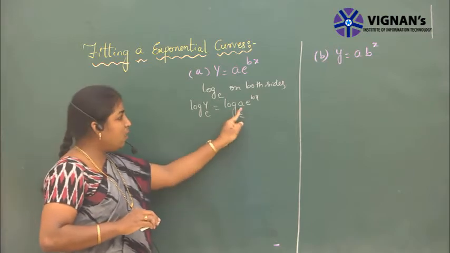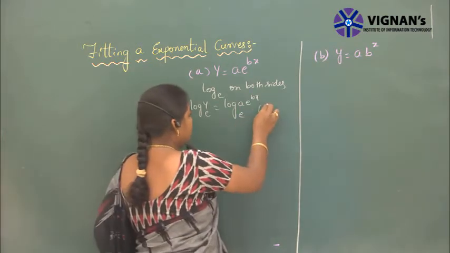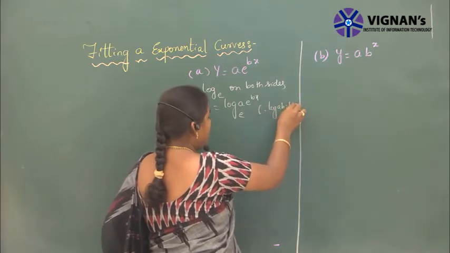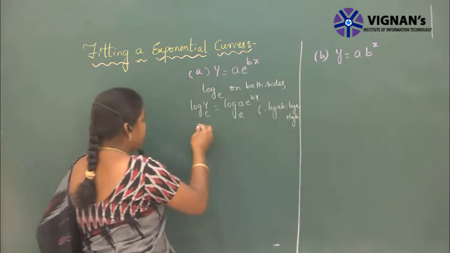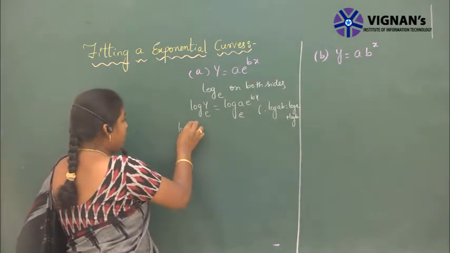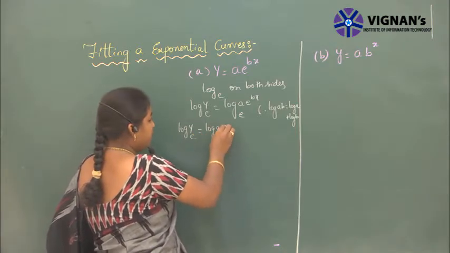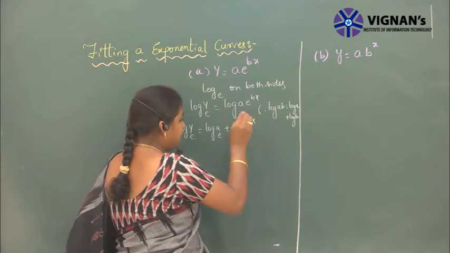Since we know that log ab can be written as log a plus log b, now we substitute: log y base e is equal to log a base e plus log e power bx base e.